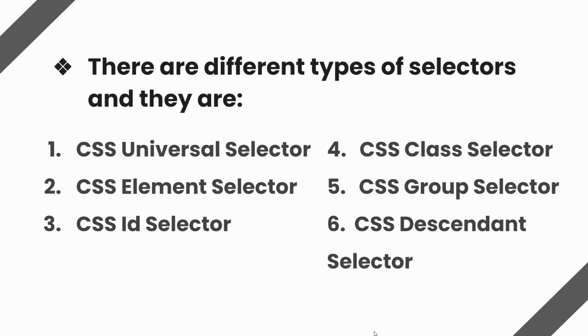After that, we have the CSS Class Selector, which is followed by the CSS Group Selector. And lastly, we have the CSS Descendant Selector. So we'll be looking into each of these selectors, and we'll know how they work and how their syntax would appear in CSS.